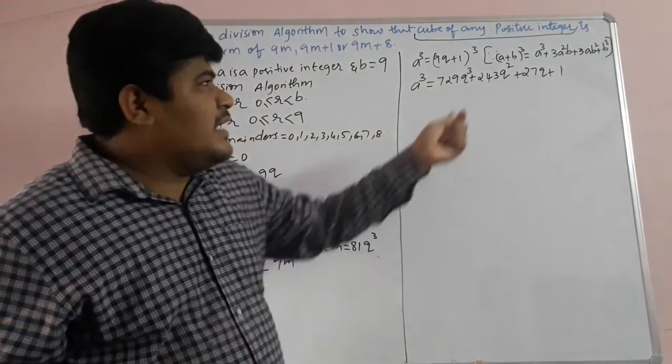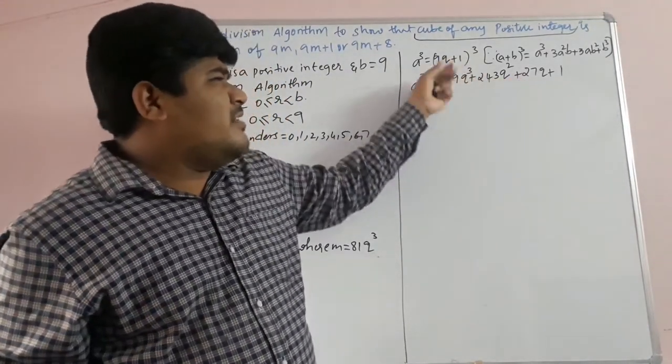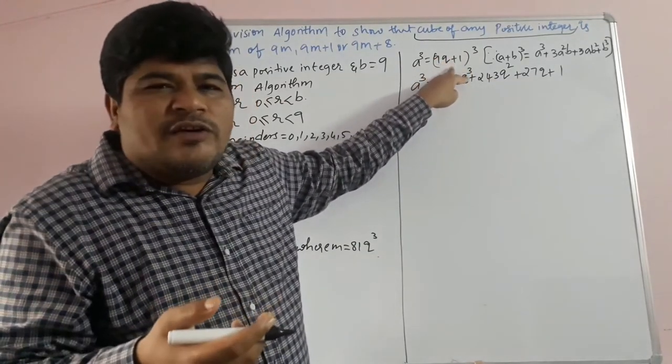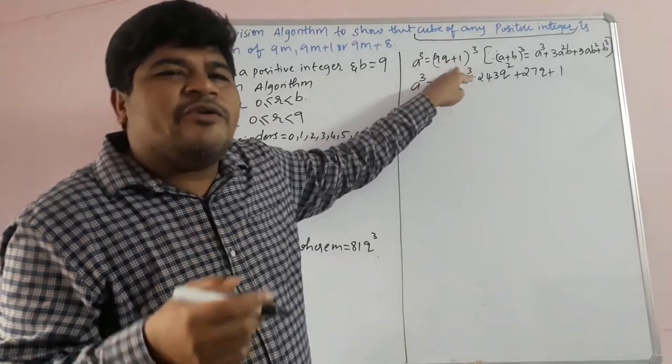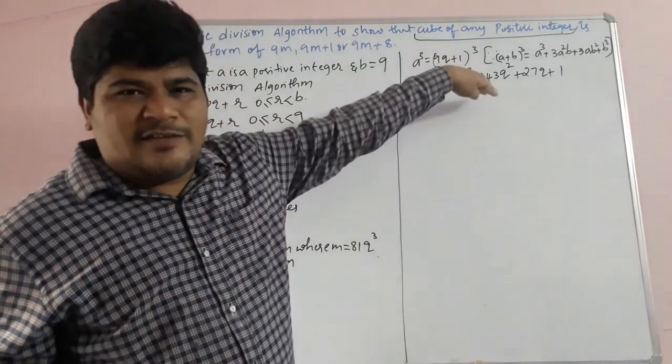Children, directly here I wrote the terms. If you want, you can take an additional step: 9q whole cube plus 3 into 9q whole square into 1 plus 3 into 9q into 1 square plus 1 cube. After that you can write this, but directly I simplified here.